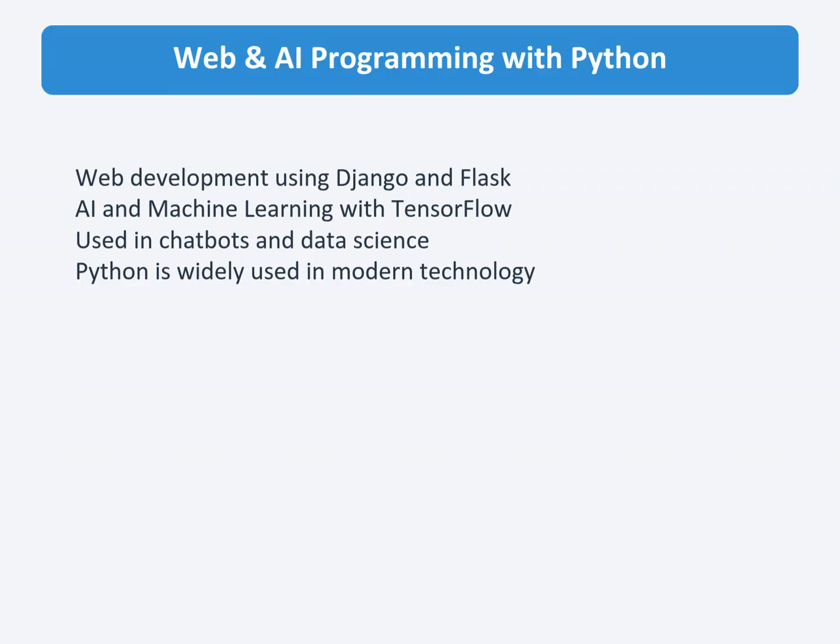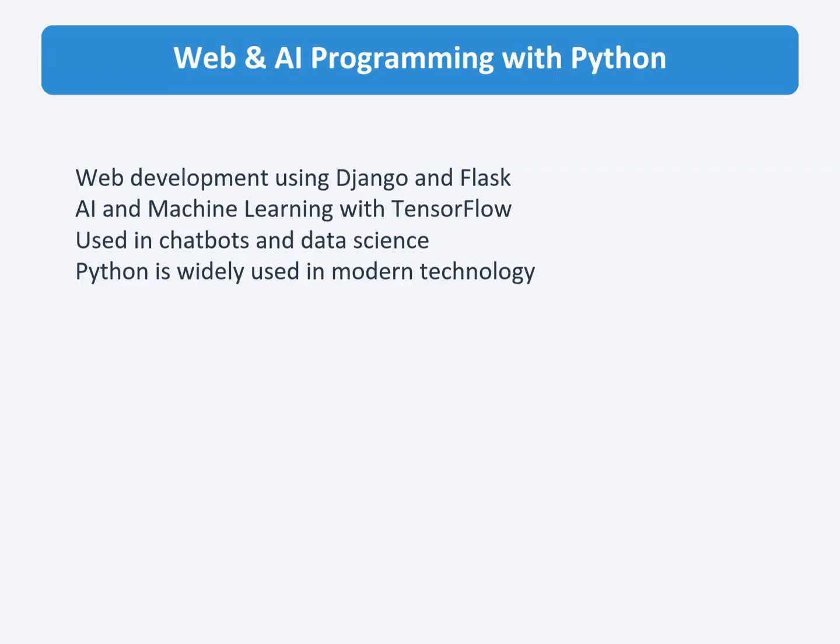Why are we involving web development and AI in Python? Because Python is popular in modern technology. It is used in web development with frameworks like Django and Flask that I already mentioned, and also in artificial intelligence and machine learning, because this generation is all about the digital world and we have to upgrade our programs day by day.